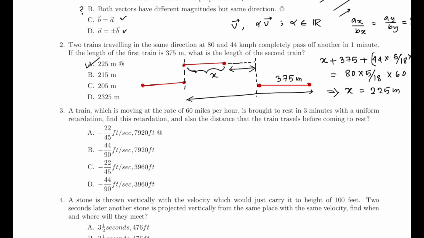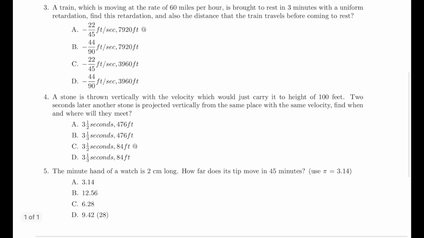Now the question says a train which is moving at a rate of 60 miles per hour is brought to rest in 3 minutes with a uniform retardation. Find its retardation, also find the distance that it travels before it comes to rest.